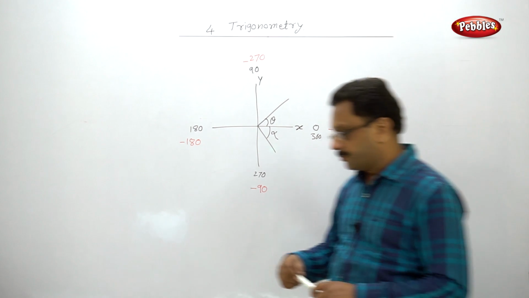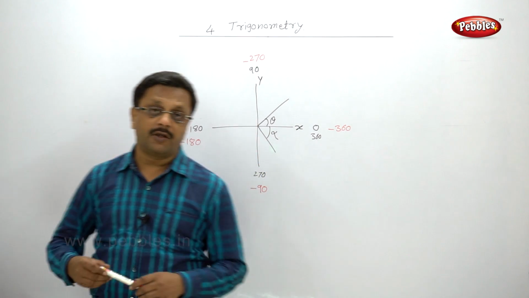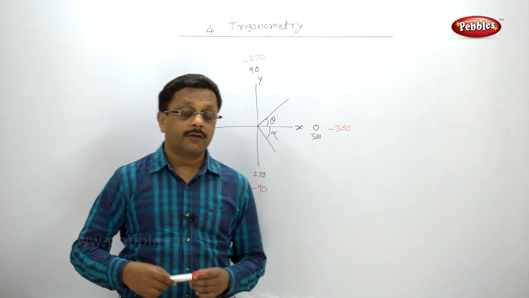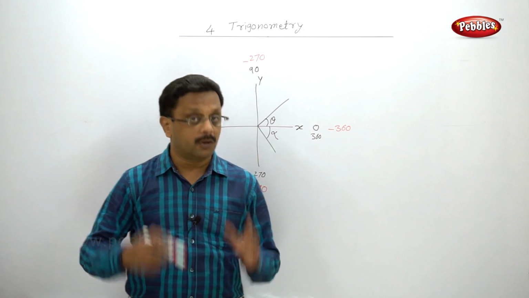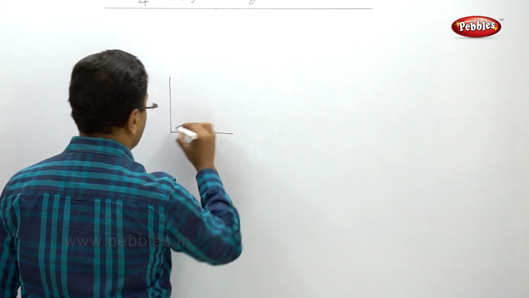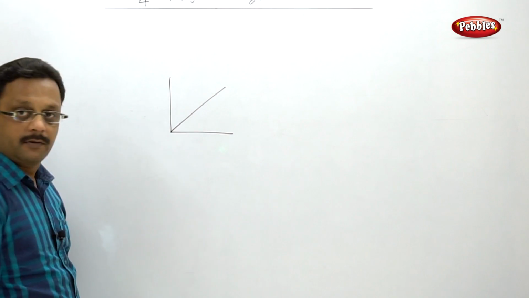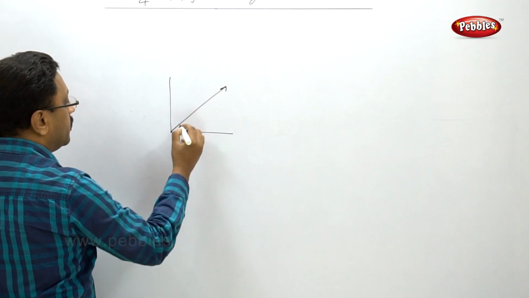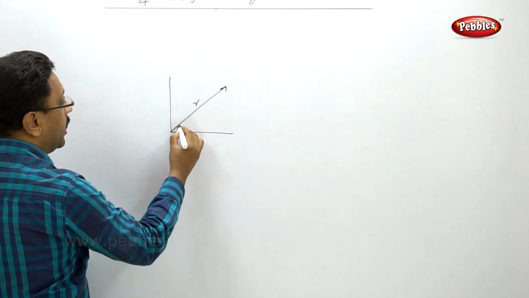Okay? Now, one very important thing I want to explain to you, which will be useful in physics also. You might have learned vectors. For example, if this is a vector, and this is r and this is theta.